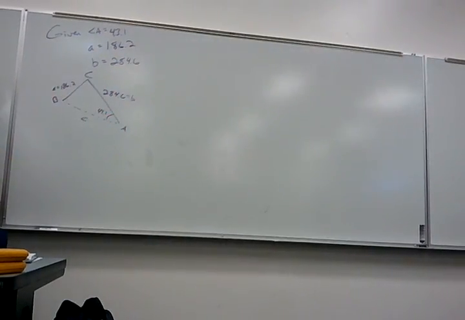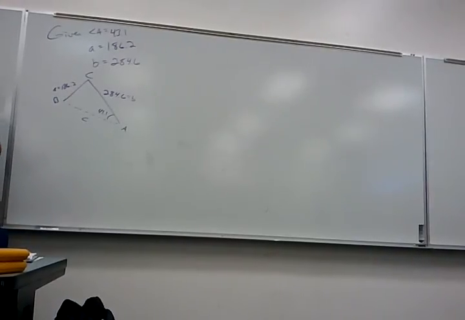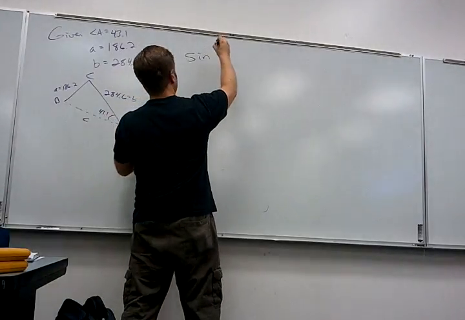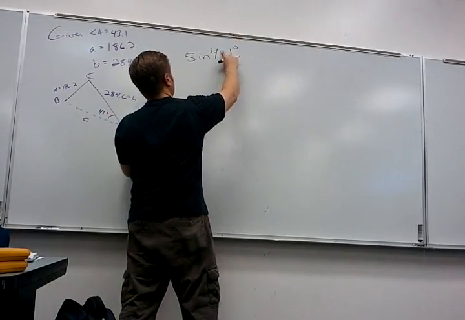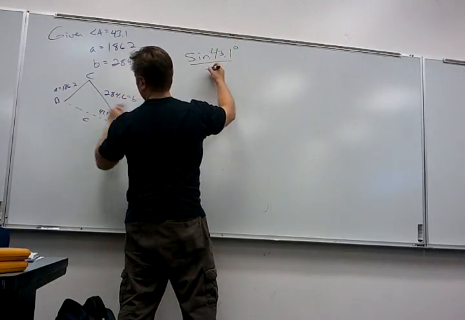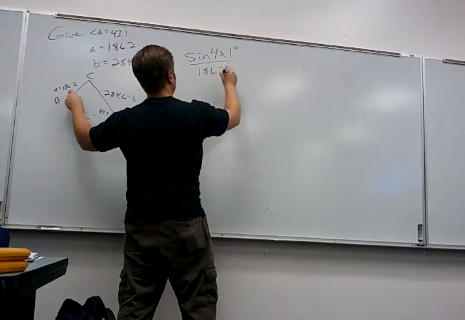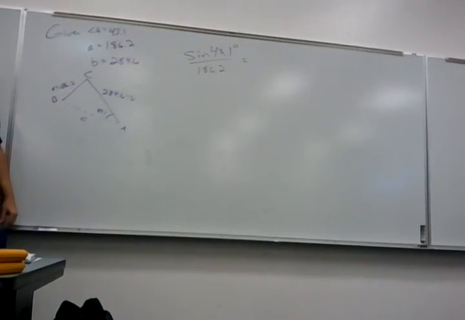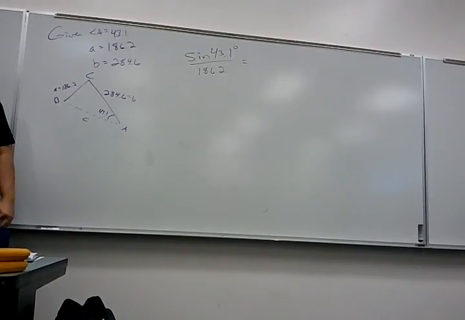What ratio can I set up? What's my go-to ratio? I know A and little a, so that's good. So I can always set up sine 43.1 over 186.2. Now this is kind of neat. We haven't had this situation yet.